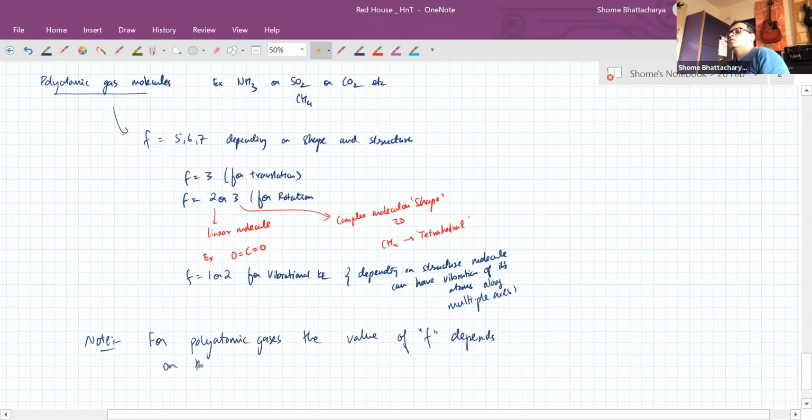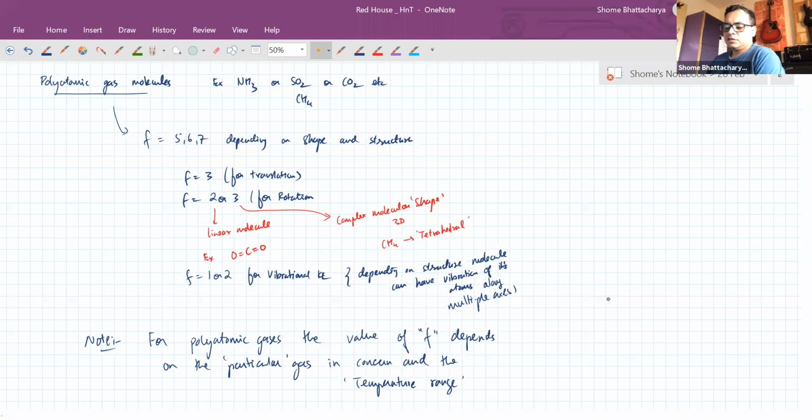It depends on the particular gas in concern, and the temperature range also, because vibration tends to occur more at high temperatures. Okay, so at our physics level, we don't need to really bother about these things.